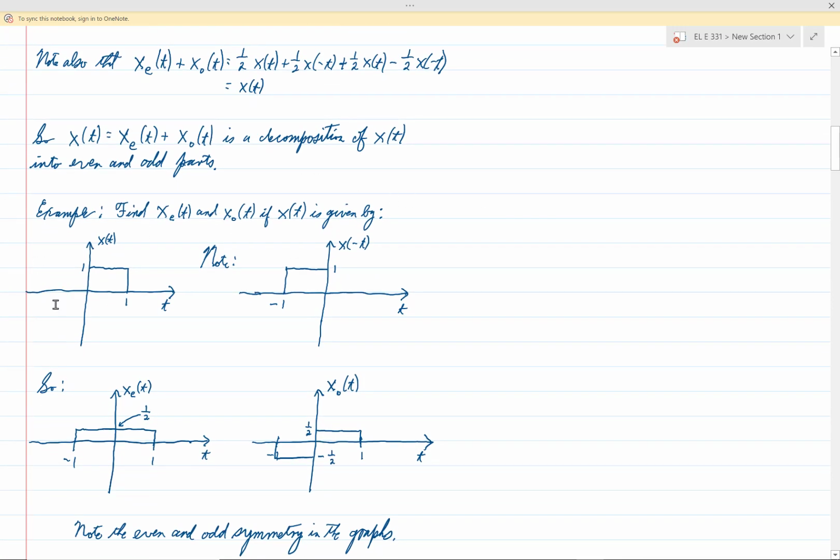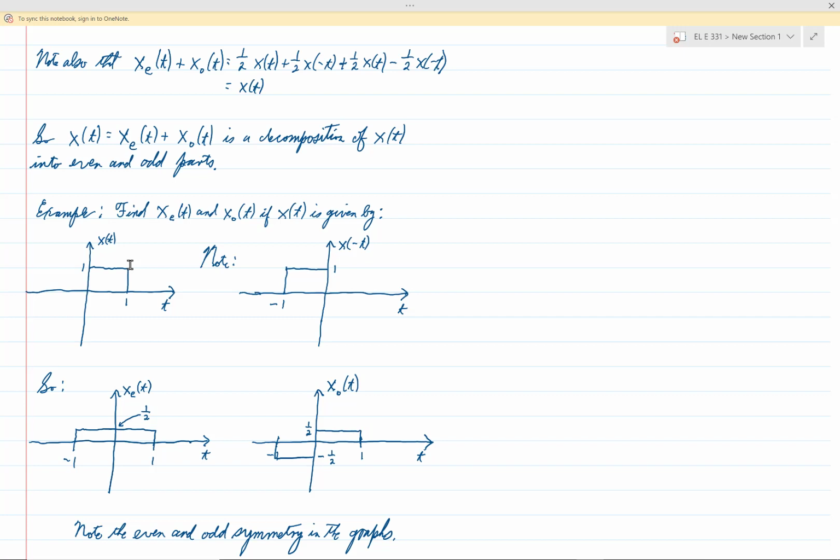Okay, so here is a function x of t. And it's clear that that is neither even nor odd, because it is neither symmetric nor anti-symmetric about the vertical axis. So this x of t is neither even nor odd.